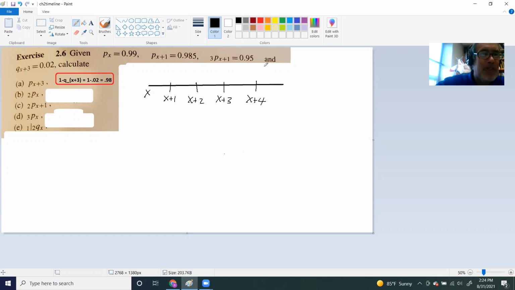Now, for the second one, we want to do this 2px, the probability that someone lives 2 years. Well, how are we going to use what we know? What I recommend doing, and I'm going to use green for these, notice that we do have px being 0.99, so we have this one known, going another year.